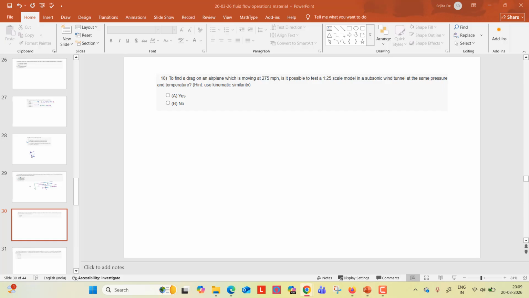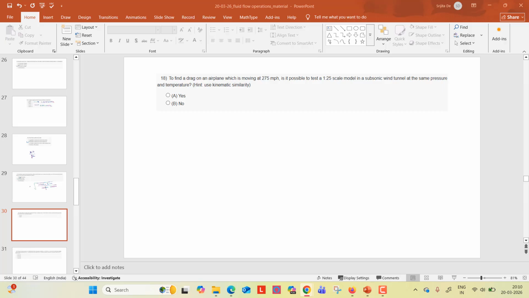To find the drag on an airplane which is moving at 275 miles per hour, is it possible to test a 1:25 scale model in a subsonic wind tunnel at the same pressure and temperature? To achieve the dynamic similarity, at the same pressure and temperature, the velocity in the model would have to be 25 times higher to maintain the same Reynolds number, likely exceeding the subsonic limits or practical tunnel capacities, right?